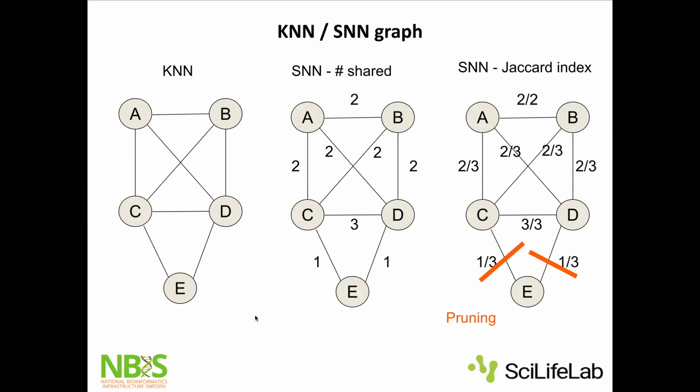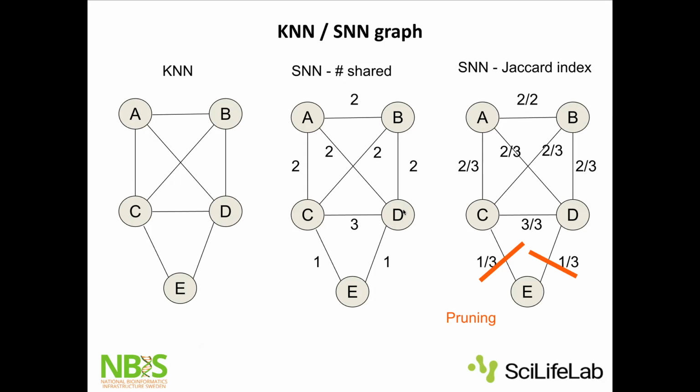If we have a very simple KNN graph with these 5 nodes, we calculate the shared neighbors. So C and E, for instance, only have D as a shared neighbor, so that is number 1.